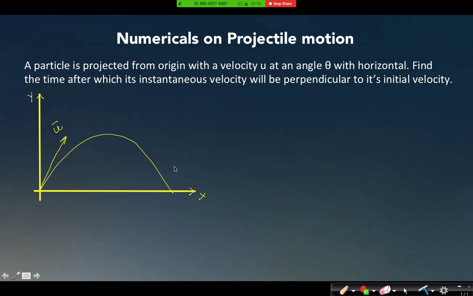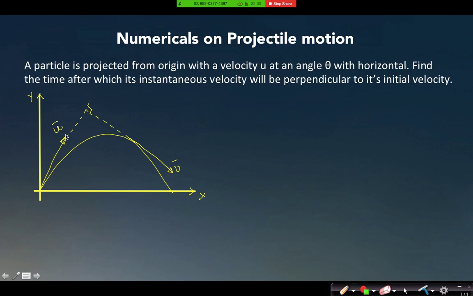After some time, the velocity of the particle may be v. I do not know the time; I have to find that. I have to find the time if it is given that the two velocity vectors, the initial velocity and the velocity after time t, are perpendicular to each other.